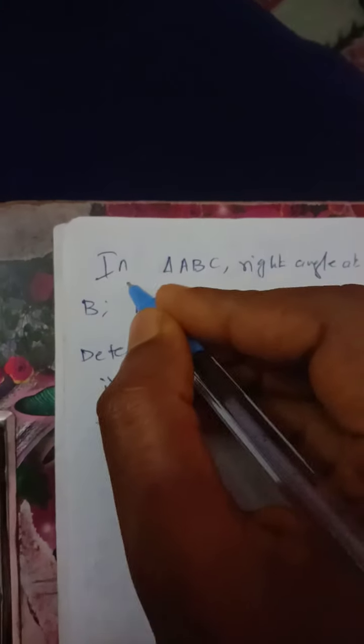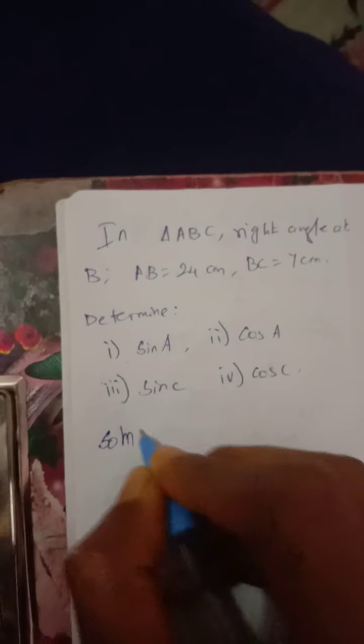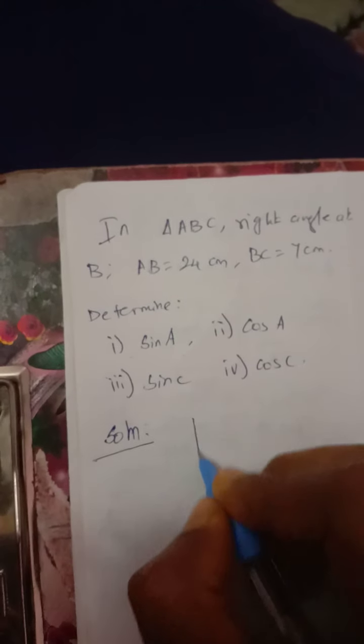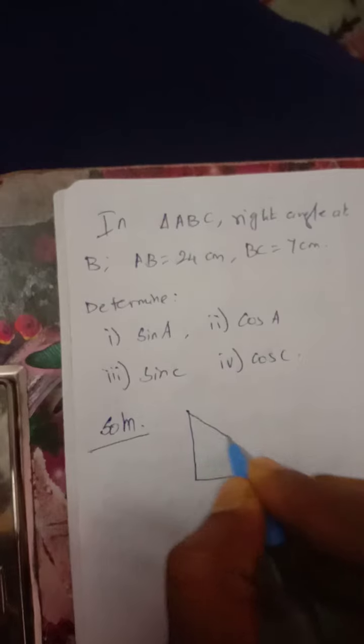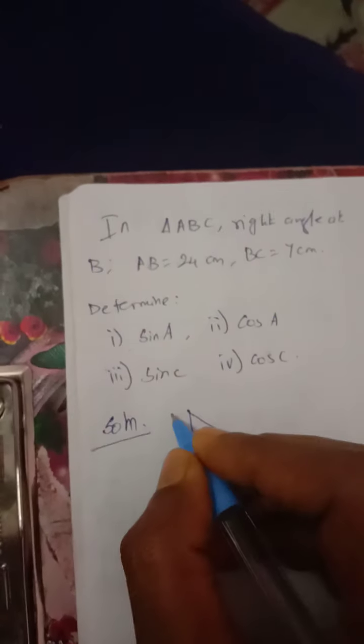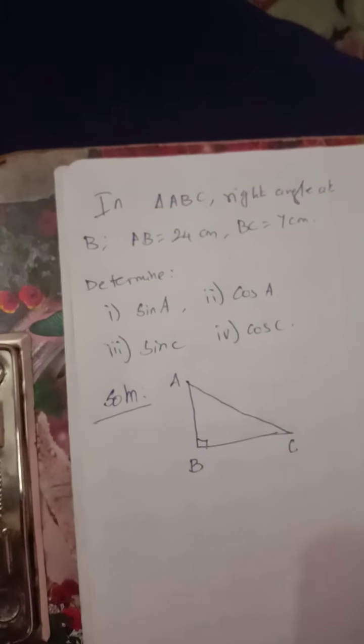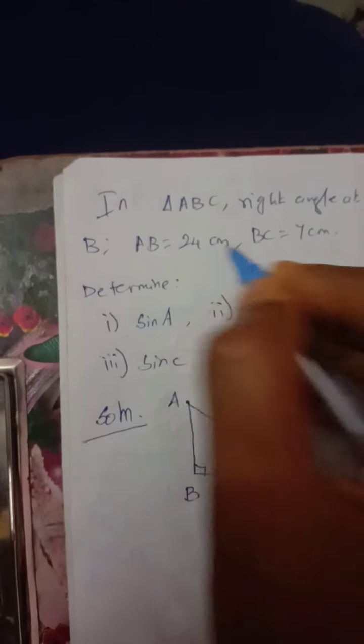So from the given question, let us draw the triangle. What triangle do we want to draw? A right angle triangle. It is given that it is right angled at B. So the remaining two, A will be here, C will be here, or either of these.